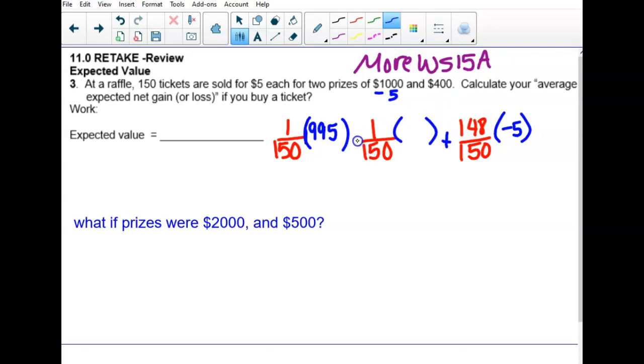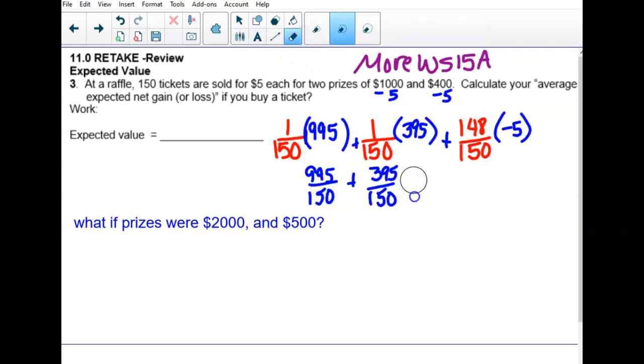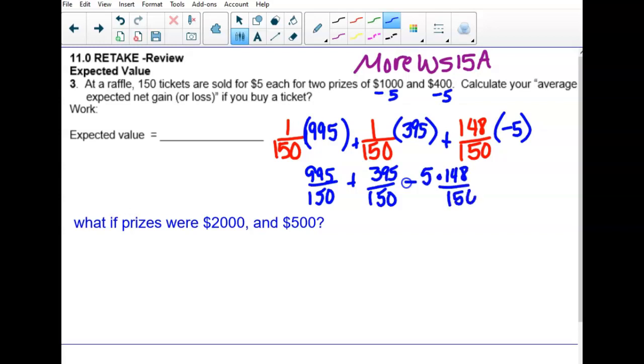And the $400 winner, when you subtract the $5 ticket, is $395. So type all that in. It might be faster to type it like this if you just want to: 1 times 995 over 150. Any way you type it, it should come up the same.